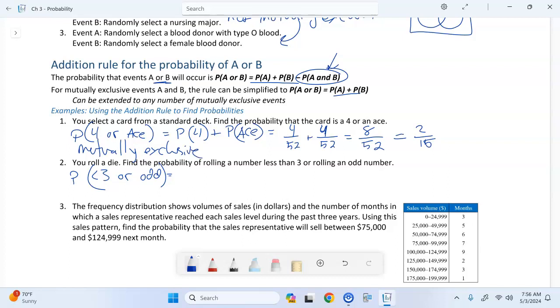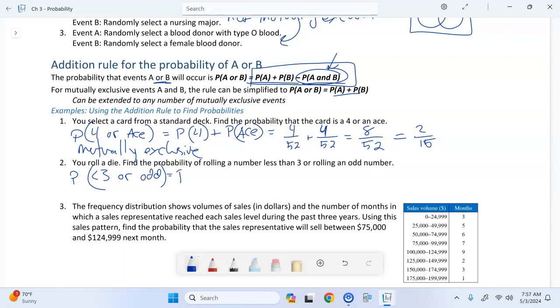Is this mutually exclusive or not? Not mutually exclusive. What outcome is both of those things? Less than 3 and odd: a 1. Because we have an outcome that satisfies both events, we need to apply the full addition rule, where we subtract the probability of A and B happening.